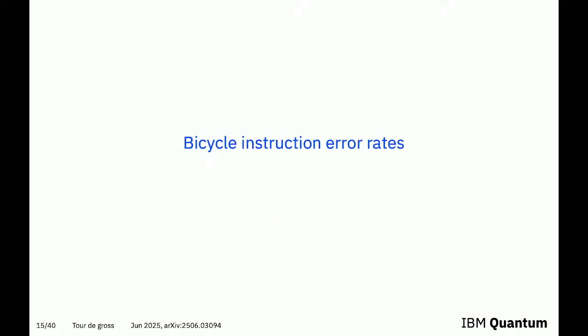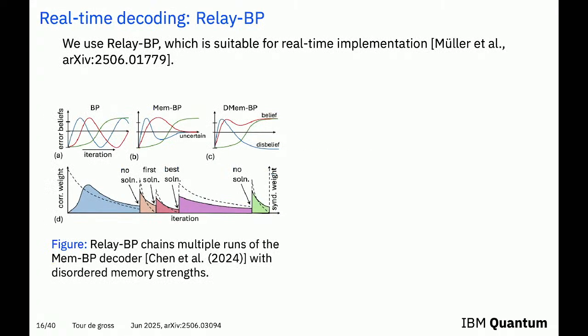Now that we have defined these instructions, we're interested in what their logical error rates are. So first, we need to define what decoder we're using, and because our systems are quite fast, we need a real-time decoding strategy whose duration between iterations is very short.